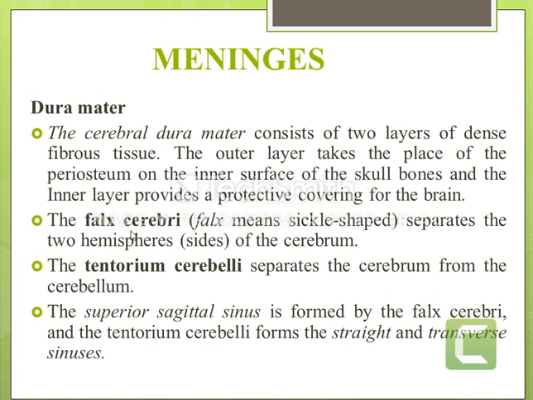The falx cerebri separates the two hemispheres of the cerebrum, and the tentorium cerebelli separates the cerebrum from the cerebellum. The superior sagittal sinus is formed by the falx cerebri, and the tentorium cerebelli forms the straight and transverse sinus.